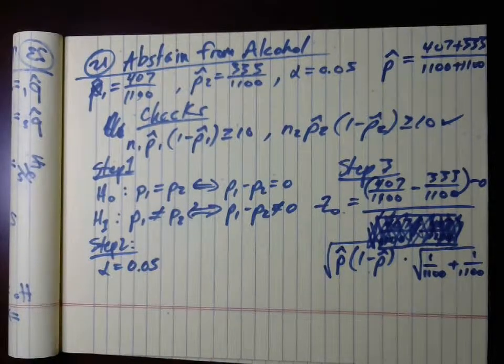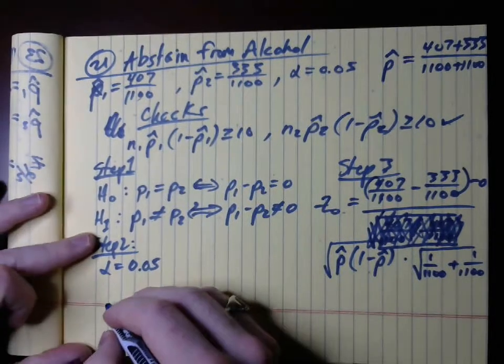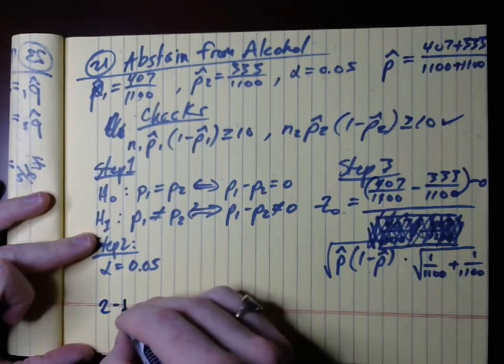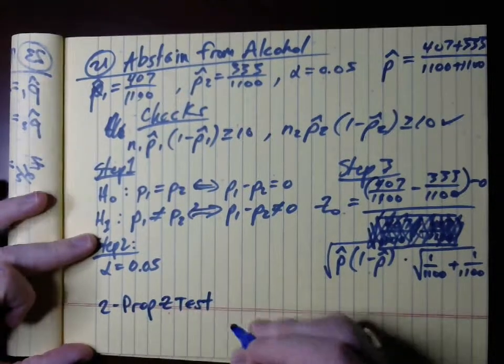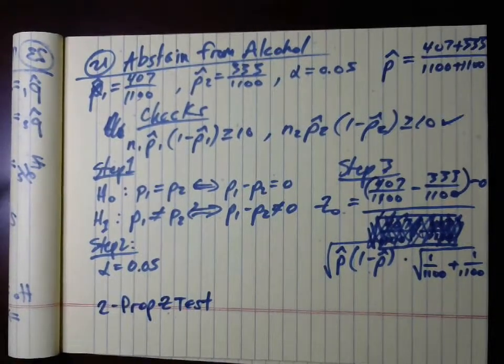And I'm going to calculate this with the calculator really quickly. Now I told you about this, I'm going to use the 2-prop Z test to actually solve this. You can use this. It's under Stat Tests, 2-prop Z test. 407, X1, 1100, N1, 333, X2, and N2 is 1100.